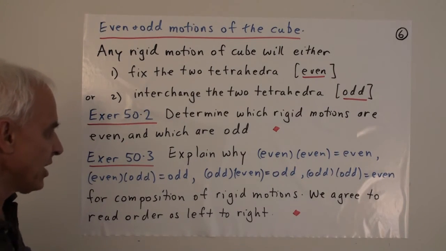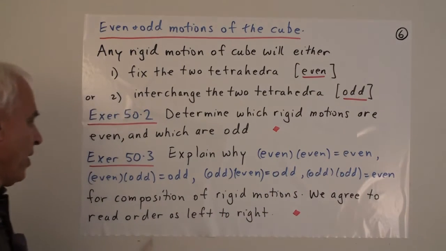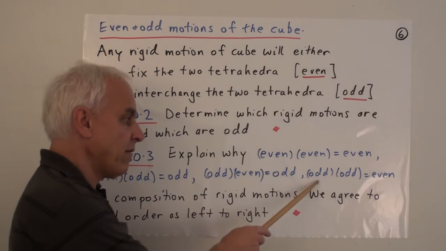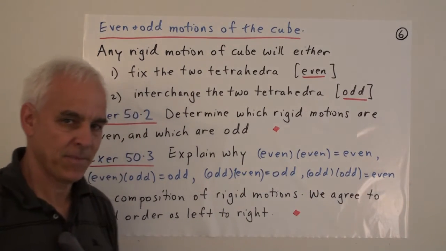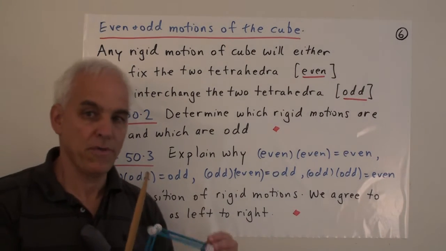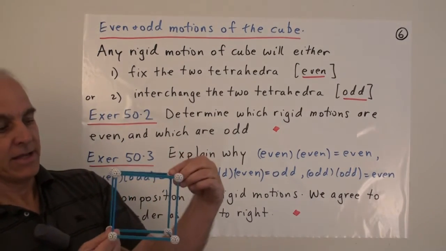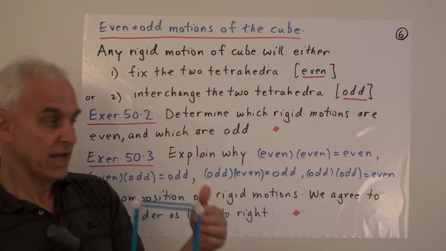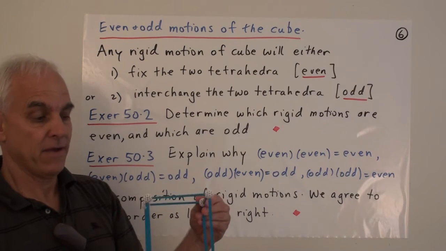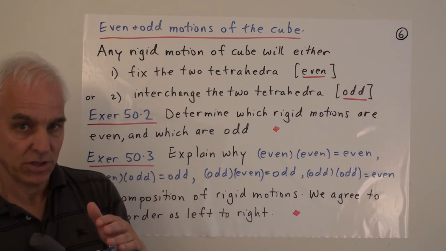Okay, and then your next exercise, explain why even followed by even is even, while even followed by odd is odd, and odd followed by even is also odd, while odd followed by odd is even. In other words, when we're performing more than one rigid motion, if we perform one rigid motion and then followed by a second rigid motion, what we're saying here is that if we have an even motion to begin with and then followed by another even motion, then the result of that is another even motion.